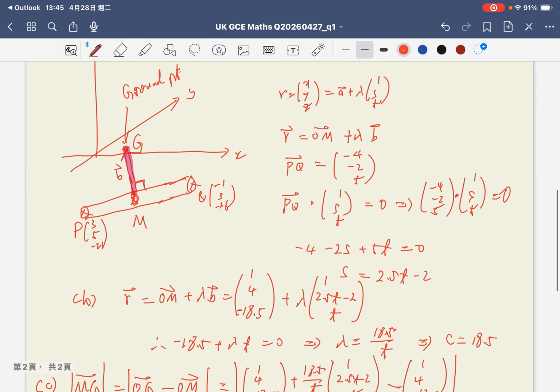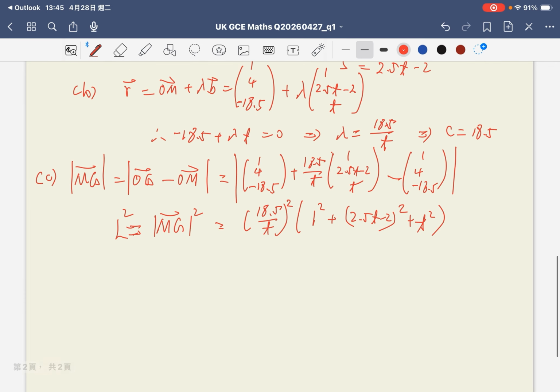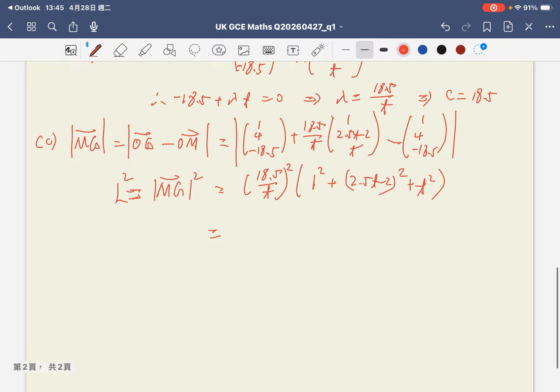That means the shortest length. I write down this, and then multiply, expand the terms inside the bracket. That is 6.25t squared minus 10t and plus 4 plus t squared.